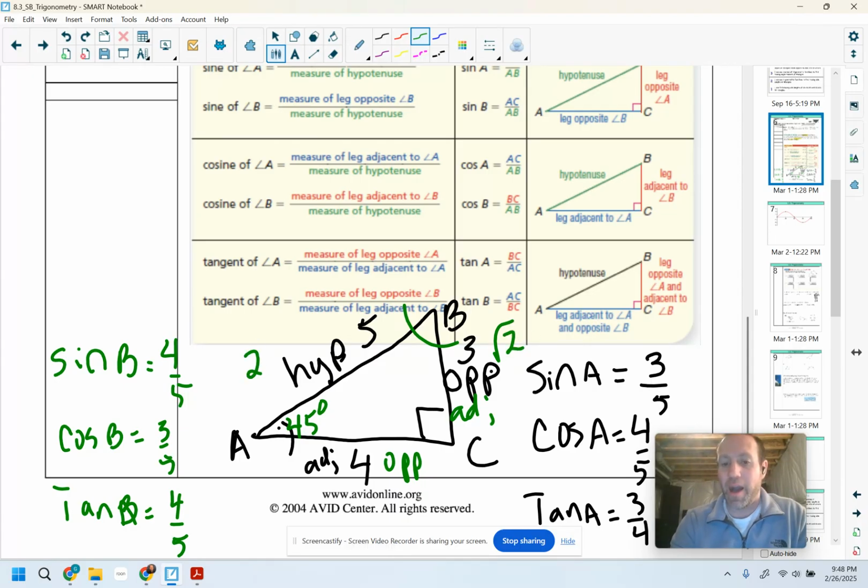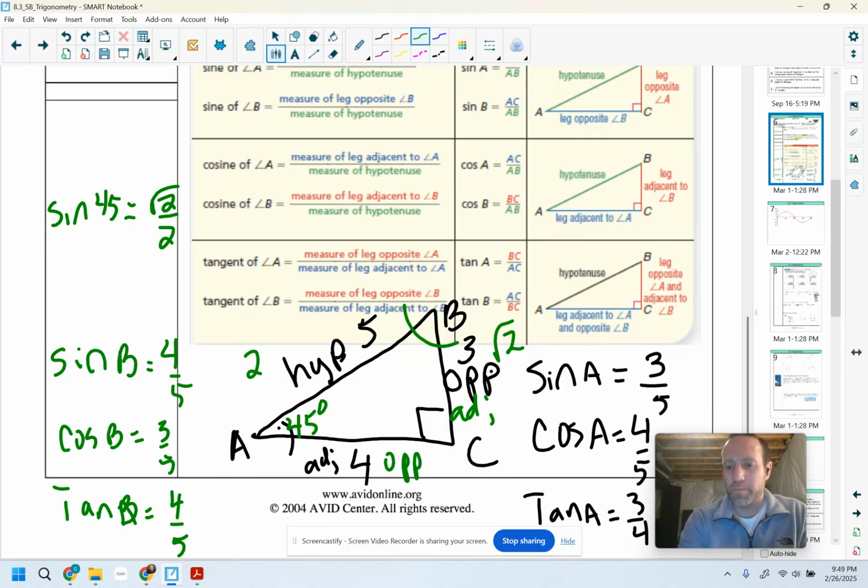So the sine of 45 degrees, so we actually know the angle measure, the ratio for that is going to be the square root of 2 over 2. So that means that if I know the angle measure and I don't know one of the sides, I can use that ratio to solve for the missing side.